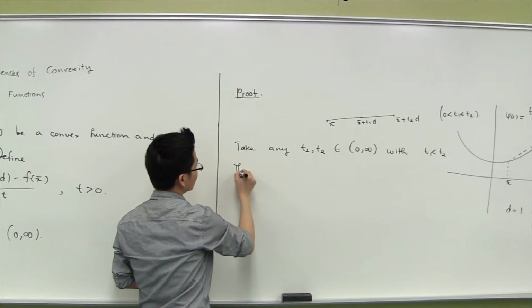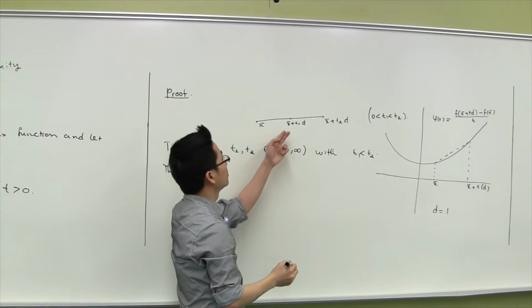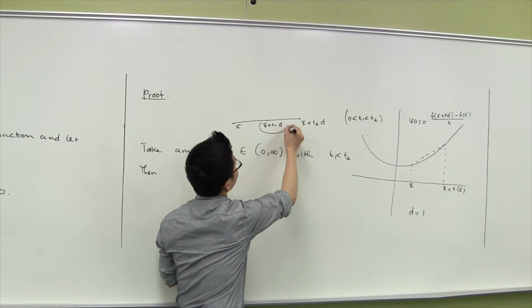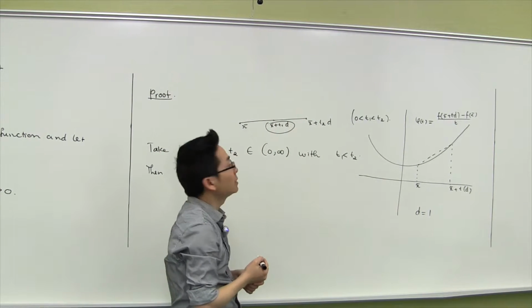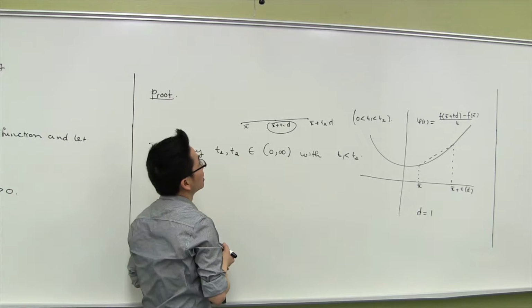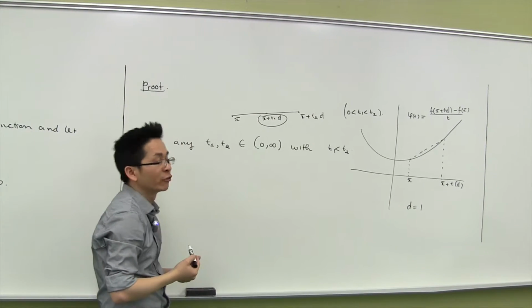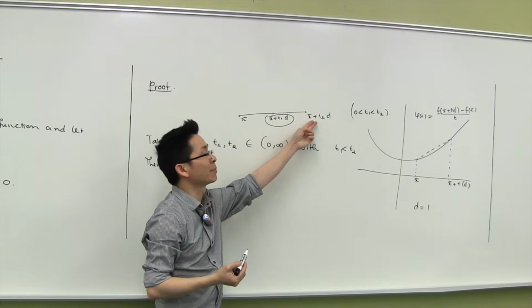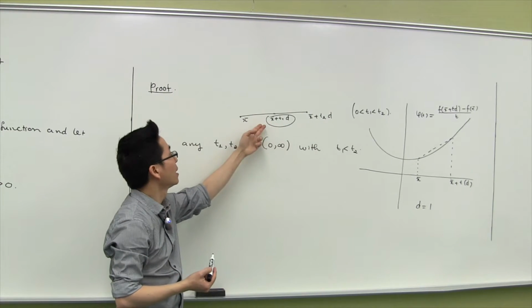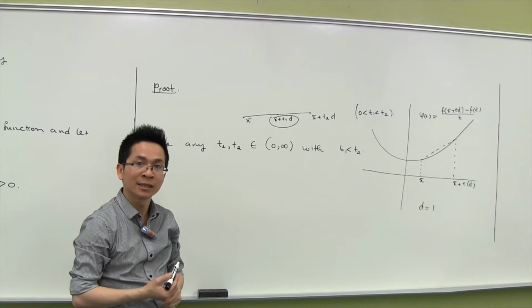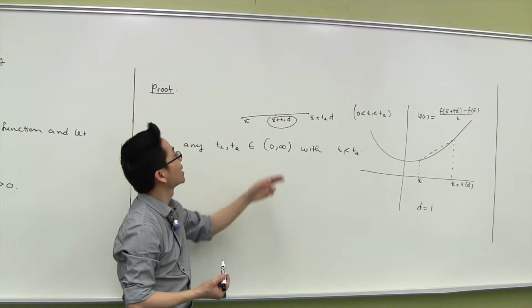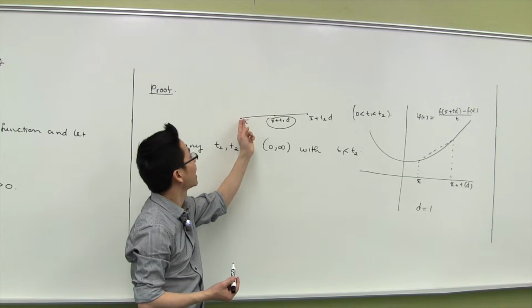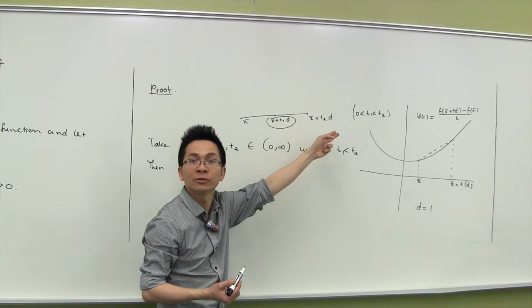Then from this figure we see that x bar plus t1d belongs to the interval connecting x bar and x bar plus t2d. Therefore, x bar plus t1d can be represented as a convex combination of x bar and x bar plus t2d.